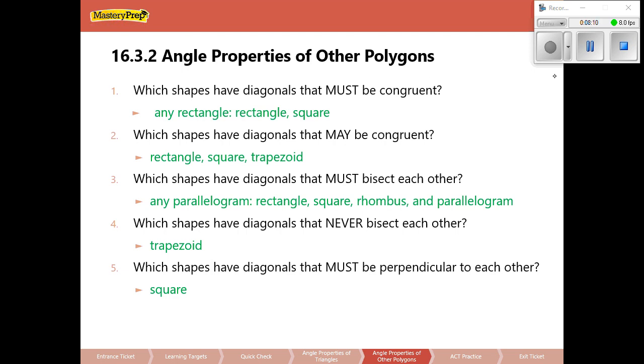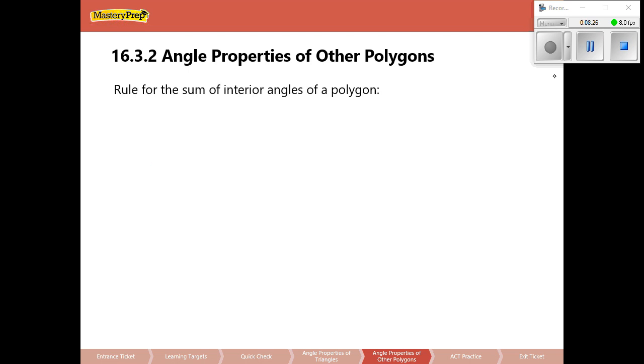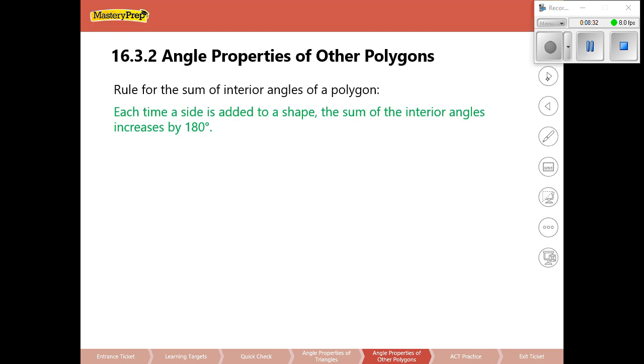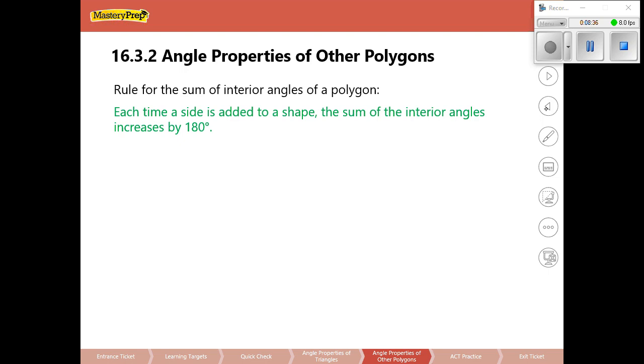A parallelogram is a four-sided figure with two sets of parallel lines. The interior angles of a triangle add up to 180, while the interior angles of a quadrilateral add up to 360. And again, these are things we've already covered and we know. Each time a side is added to the shape, the sum of the interior angles is increased by 180.